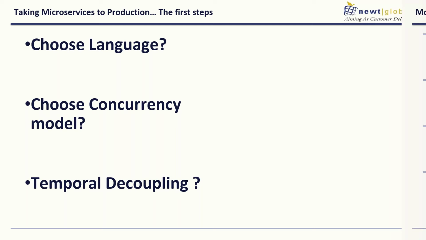You need to also be very clear on your concurrency model. Should you be using the actor model consistently throughout? That makes sense. Even if the teams are independent, it makes sense to use a standard concurrency model. And third, we do a lot of temporal decoupling, and I can talk about it more in the pattern, anti-pattern, and solution section, which I'll be covering later.